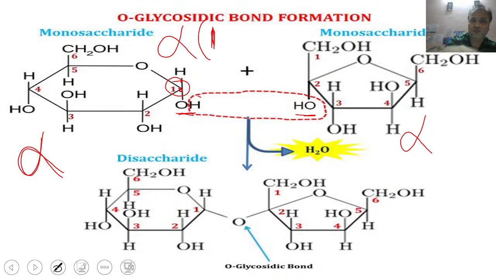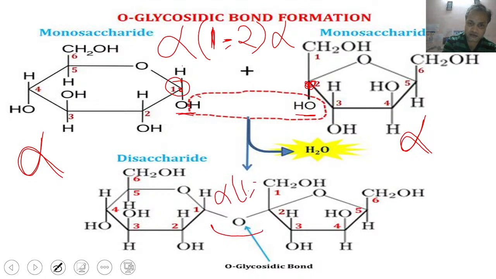So this is 1, and then this alpha 1 is going to form a bond with carbon number 2. So it is alpha 1,2, and because this is also an anomeric carbon, you can write its type. This is also alpha type only, so it is called an alpha 1,2 alpha glycosidic bond.